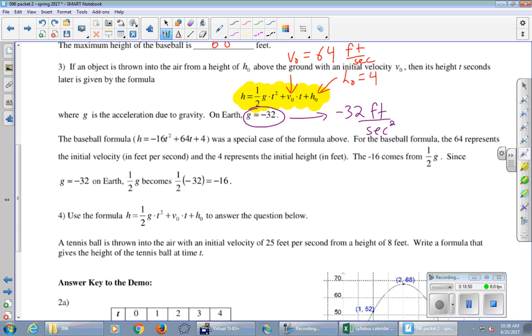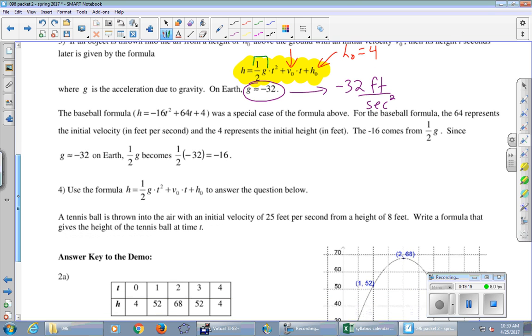And so do you guys see, if you do half of g, what do you get? Half of this number, g, is negative 16. Do you remember, you saw the negative 16 in front of the t squared? That was no coincidence. Every falling object here on Earth is going to have a negative 16 in front of that t squared. Again, on the moon, it would be different.